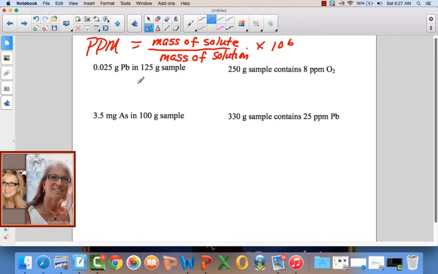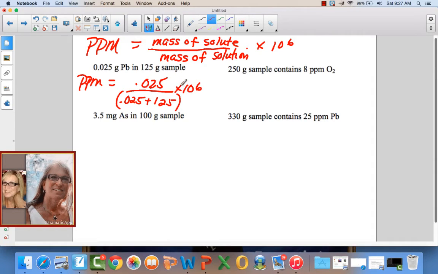Now, for most of you, it's very easy to solve this if you're just finding parts per million. So here I have 0.025 grams in a 125 gram sample. So my parts per million, here is my 0.025 solute over the mass of the whole thing. So it's going to be 0.025 plus 125 times 10 to the 6.